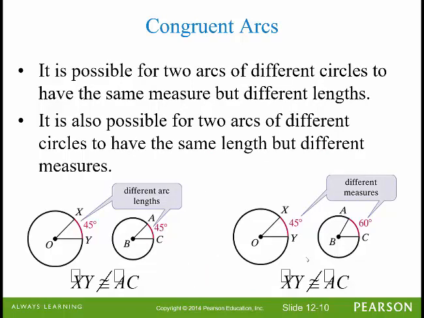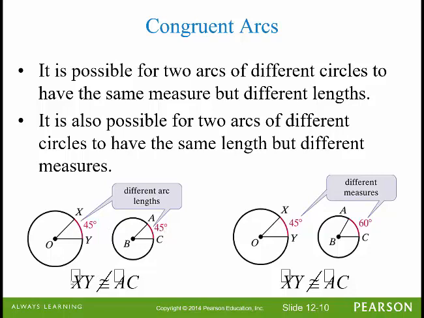All right, it is possible for two arcs of different circles to have the same measure but different lengths, because they're going to have the same degree but different lengths. It's also possible for two arcs of different circles to have the same length but different measures. Like if you look over here, these two arcs are each 45 degrees, but they have different lengths.